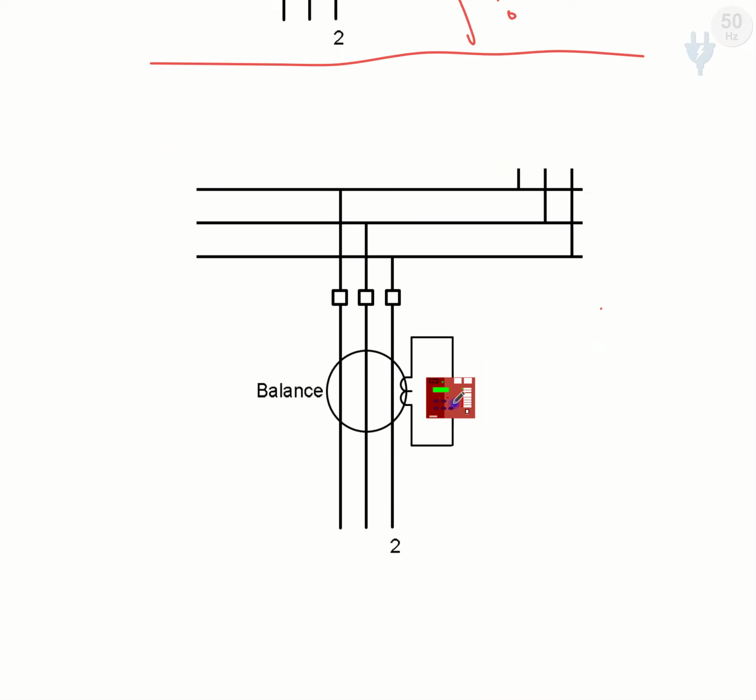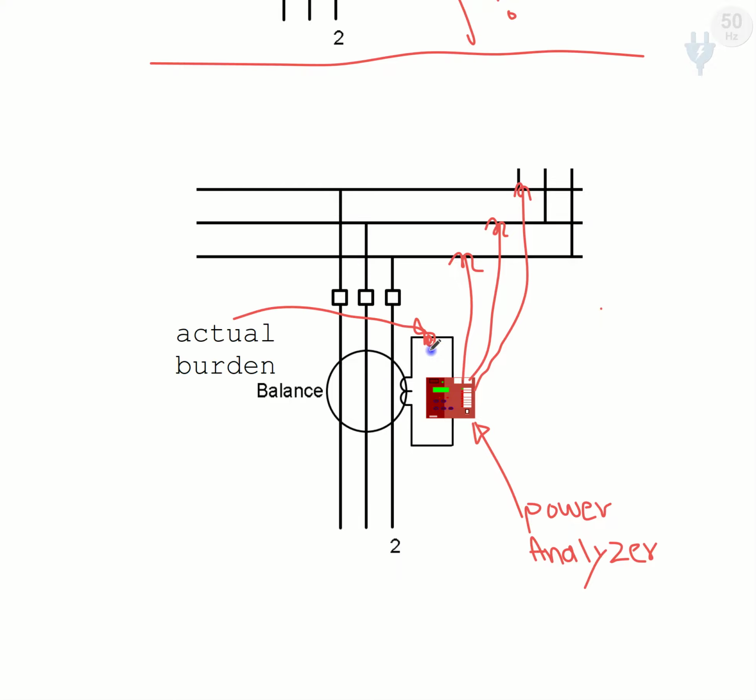Before connecting these wires from the core balance transformer to the relay, instead of the relay we use a power analyzer. We also know that this power analyzer should be connected to the phases through the phase CTs, and we should make sure that our actual burden is installed in the system.